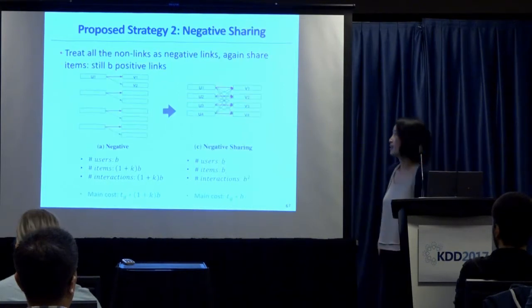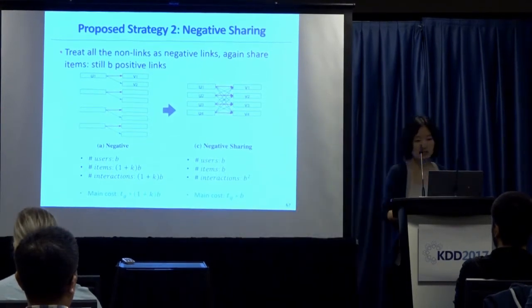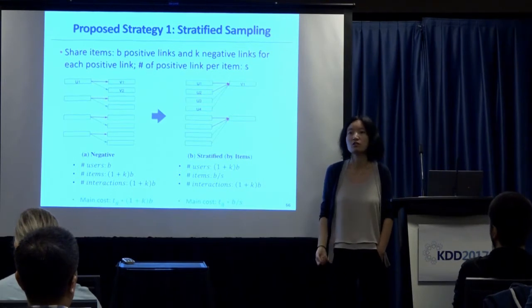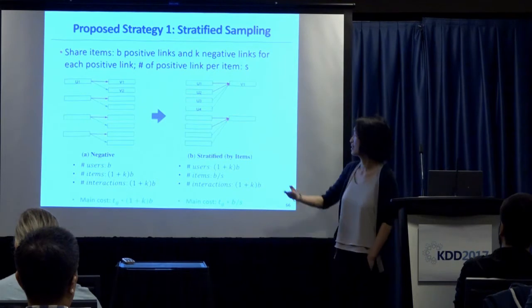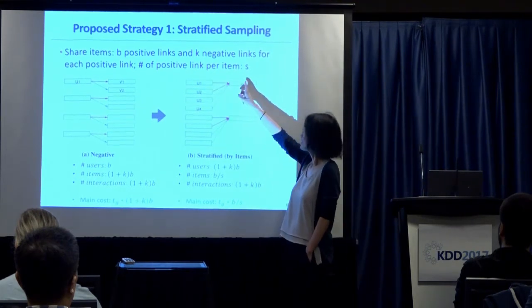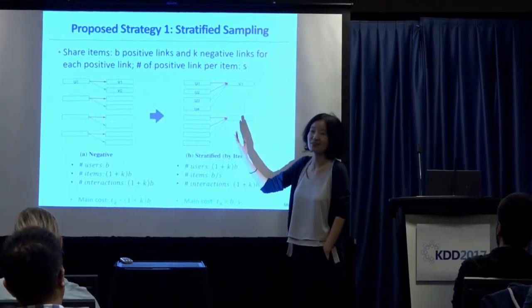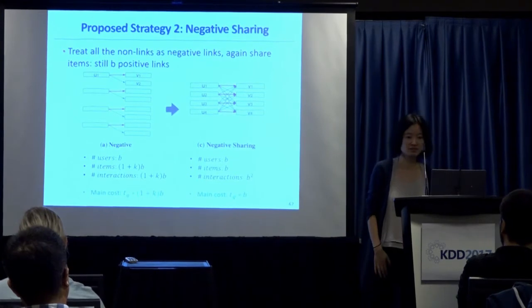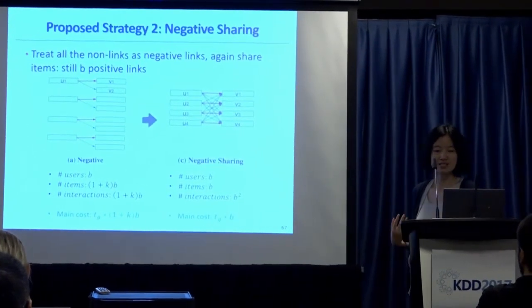And later we find that we can do better. Why? Because if we do sampling this way, it's very difficult to define a pairwise loss function, because sometimes we say that with this particular user, this item ranks higher than some negative item, but there's no negative item. So there's no way for us to define the pairwise loss function. So then we do an even more extreme sampling.